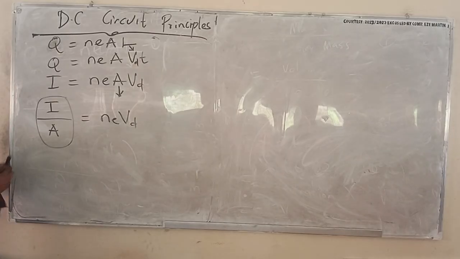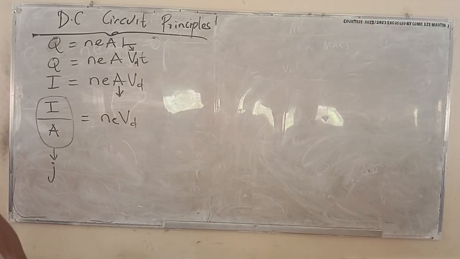This current density in physics is represented with J. You hardly see alphabets that have J in physics or chemistry. Even in your periodic table, you don't have J. That's the only alphabet not in the periodic table.